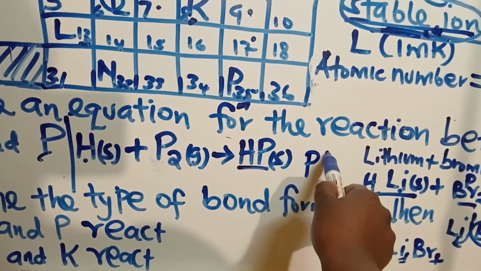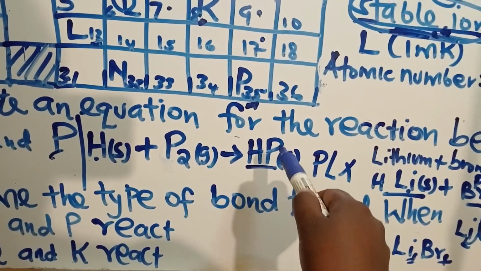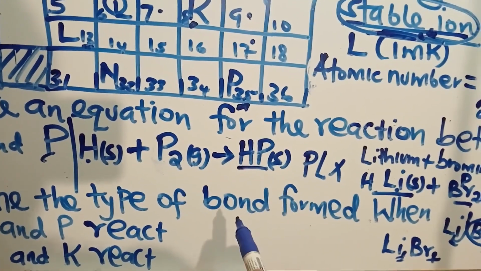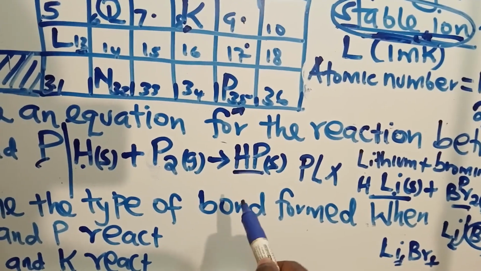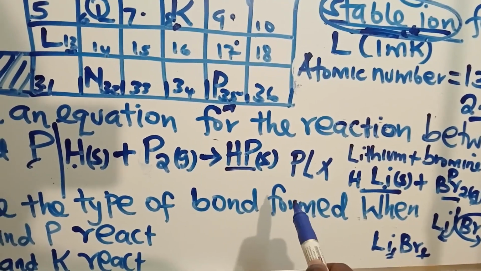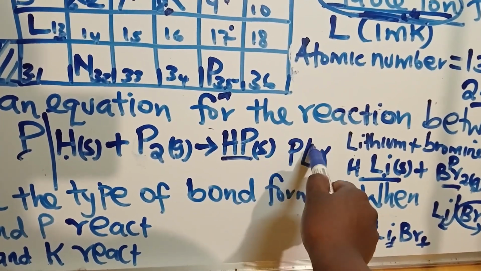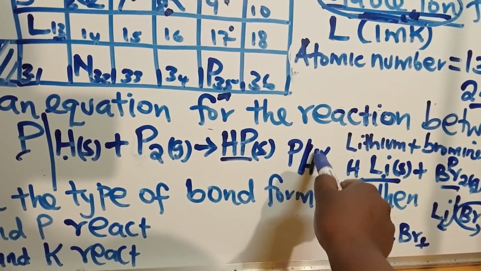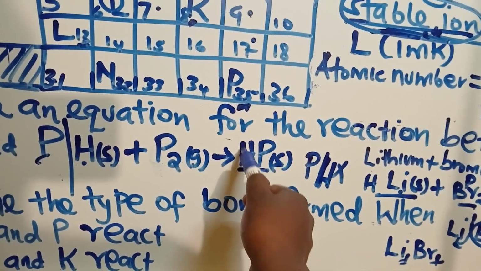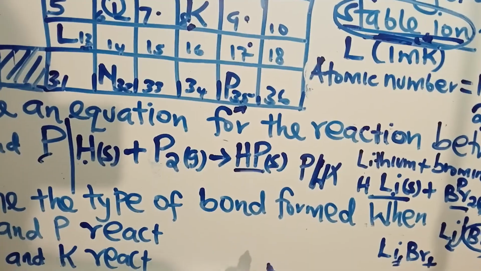They start with the P and then L. It will be wrong, because whenever you are writing a formula for a compound, always remember that the metal comes first, or rather the metal is written on the left hand side of the formula, while the non-metal is written on the right hand side of the formula. So it cannot be PH. You cannot start with P and then H. It can only be HP, because H is the metal and P is the non-metal.